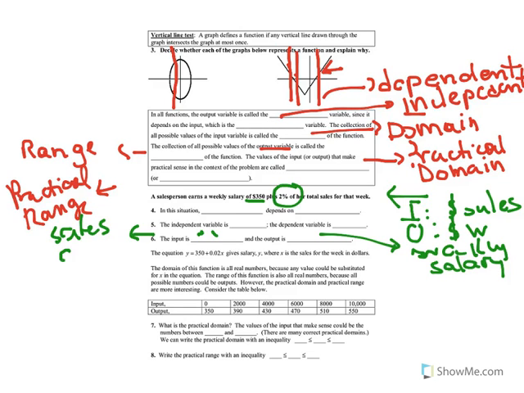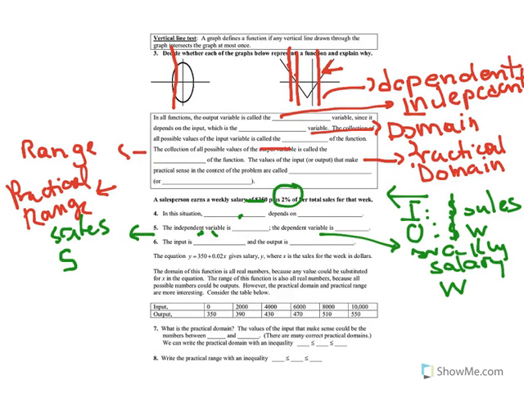So if we represent the sales with S and the weekly salary by a W, we will know that the independent variable is S, right? The independent variable is S, and the dependent variable is W, the weekly salary. So W is the dependent variable, it depends on S.